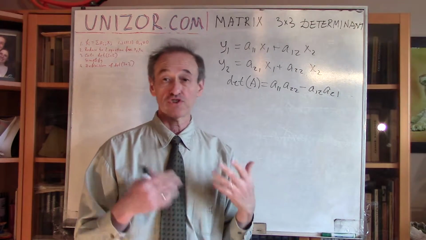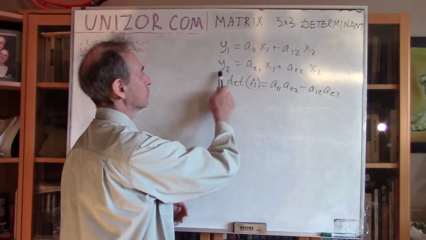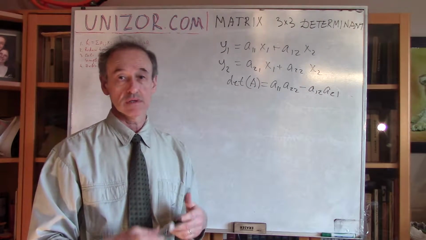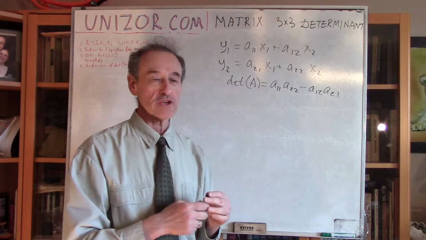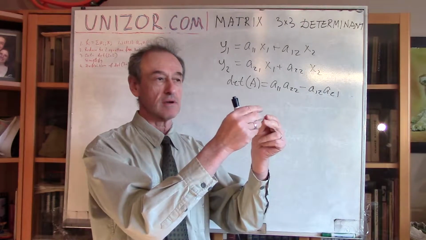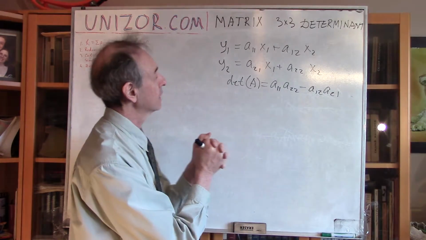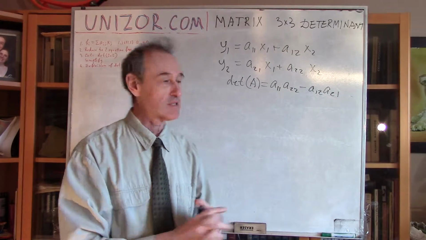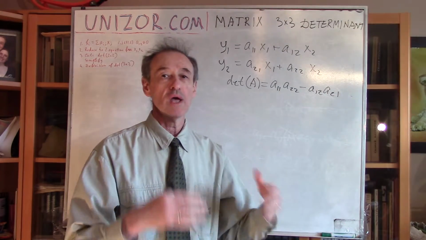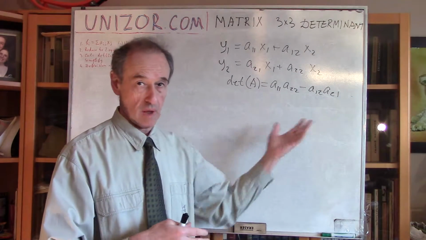However, if you have a projection, for instance, y1 is equal to x1 and y2 is equal to 0, this is not really a good transformation, because lots of different vectors are transformed into the same one if their projection is the same, right? So determinant equal to 0 means it's not a good transformation, and it's not a good system of equations.